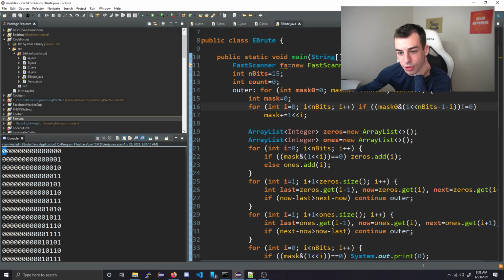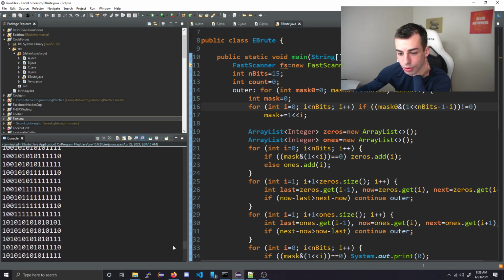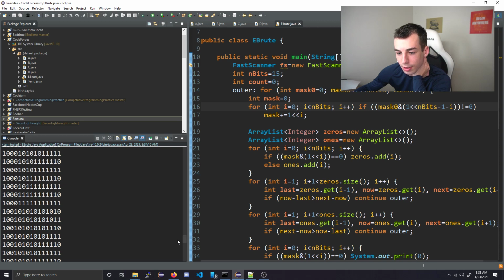Okay, so that's everything. So you have prefix of zeros, always. Oh no, but you can also have the reverse. So you can have a 1 in the beginning if the second thing's a 0. So if this is a 0, then this can be a 1.